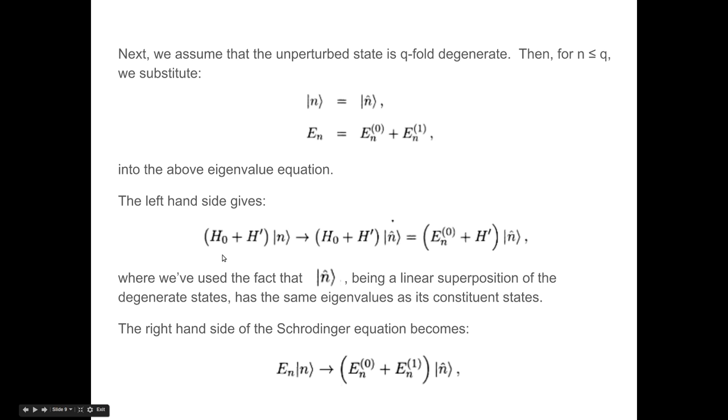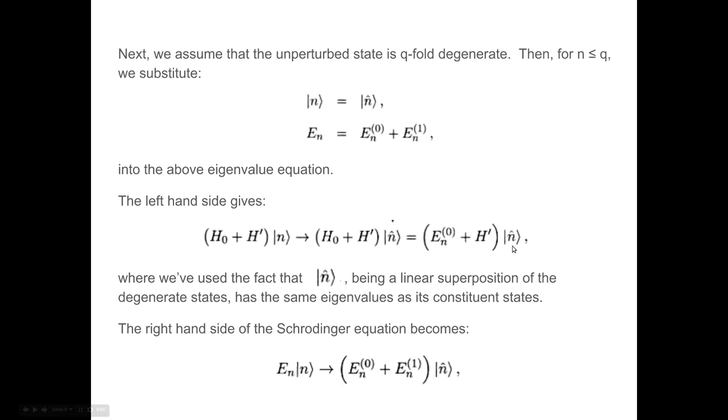When I do that, the only thing that's really going to change on the left-hand side is this n hat value. Now when H naught hits this, it's going to give me the zeroth order energy, so this is the unperturbed degenerate energy, right? And then I have my perturbation Hamiltonian still hitting this n hat state.